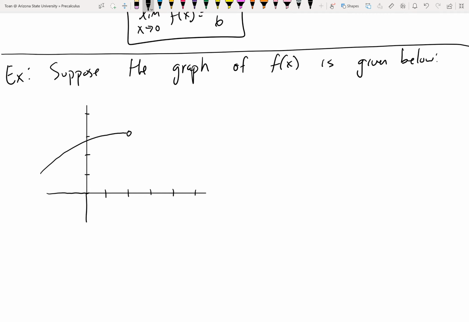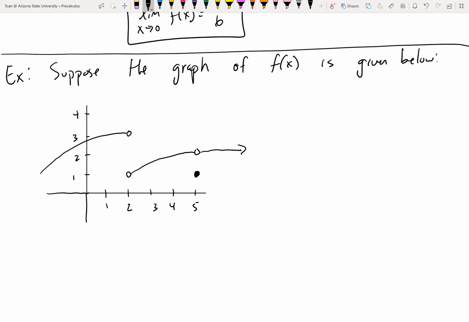And let's say there's an open circle at (2, 1), and there's an open circle at (5, 2). So at (5, 2) there's an open circle. Let's say it swishes this way and continues that way, but at (5, 1) the actual point is there.